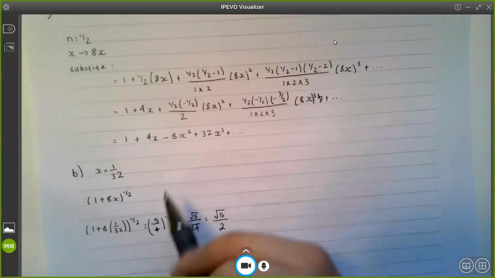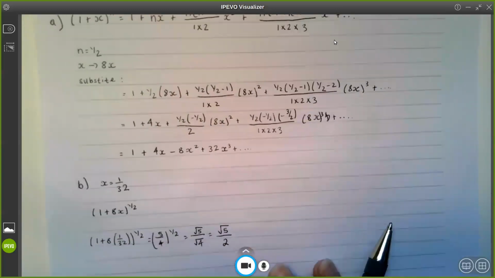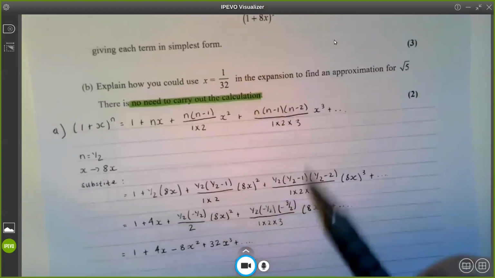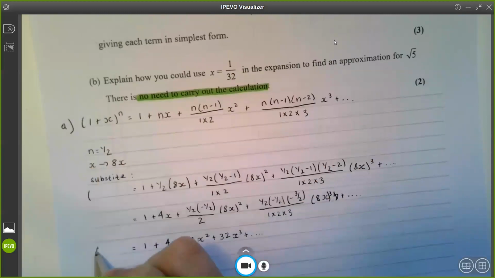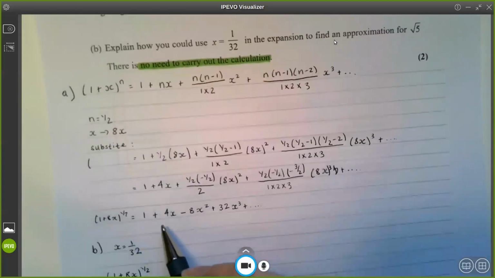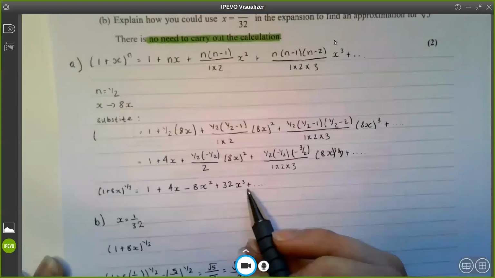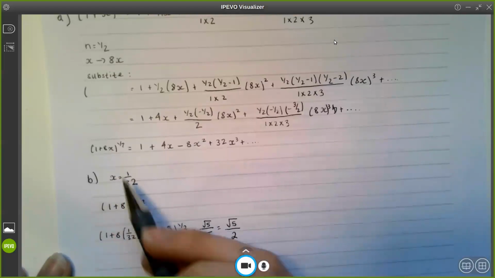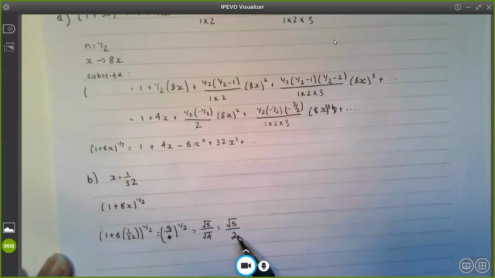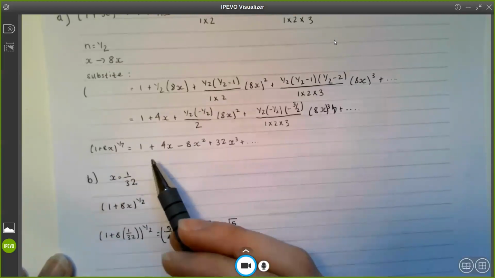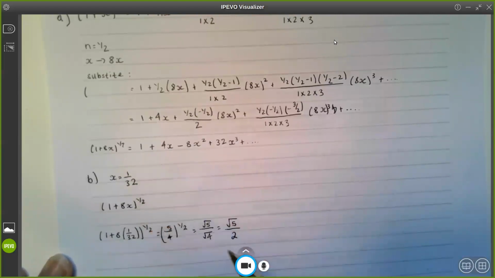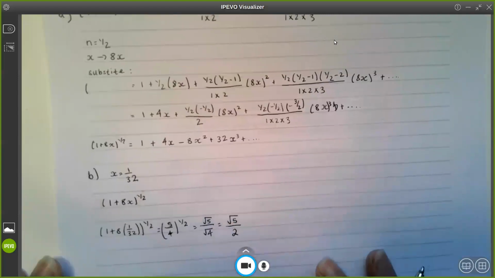From the first question, I know that (1 + 8x)^(1/2) is equal to this when it's expanded out. So if I substitute 1 over 32 into this bit and I get root 5 over 2, that means if I substitute 1 over 32 into this bit too, I'm also going to get root 5 over 2.